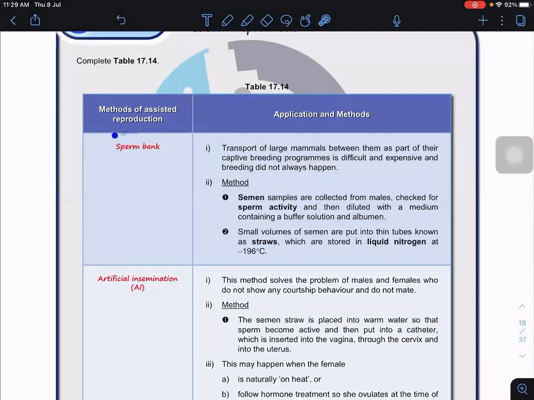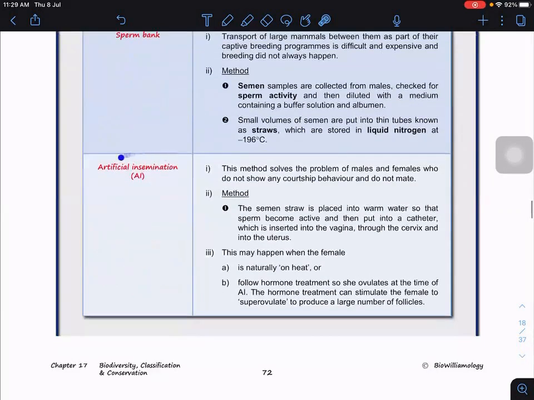But it's sperm cells, right? If it's a sperm cell, how can we do this, because it's not natural sexual intercourse? The sperm is already collected, so how can we inseminate? We can do artificial insemination, or intrauterine insemination.